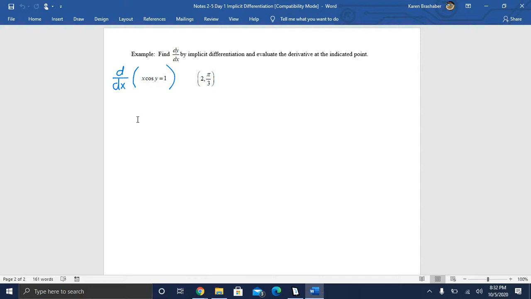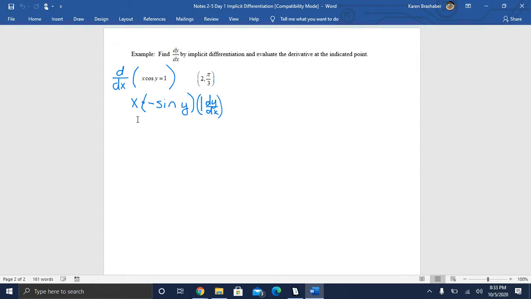So we'll start with x, that's first, times the derivative of the second, which is the derivative of cosine. So we'll have negative sine of y. Now we have to do the derivative of the angle. Because the angle is a y, it'll be a 1, and then I'll go ahead and put the 1, and then dy dx.